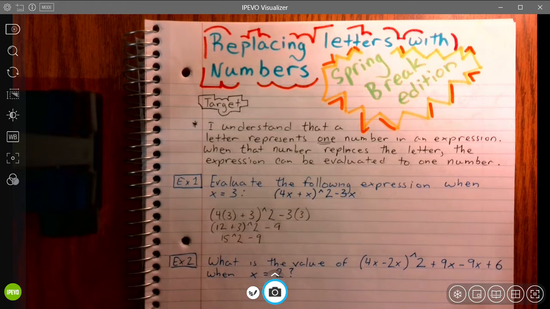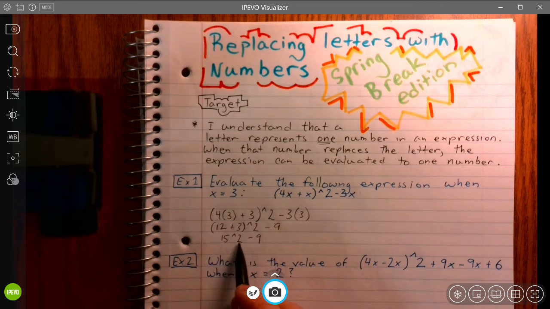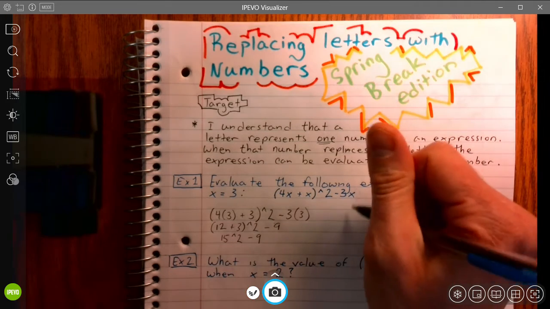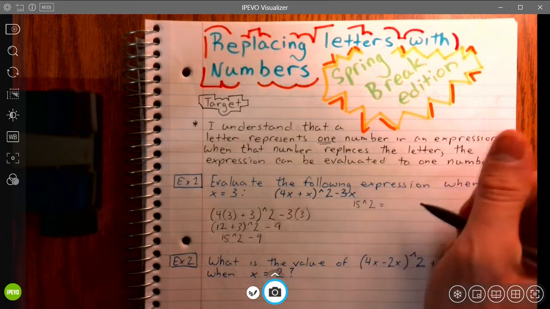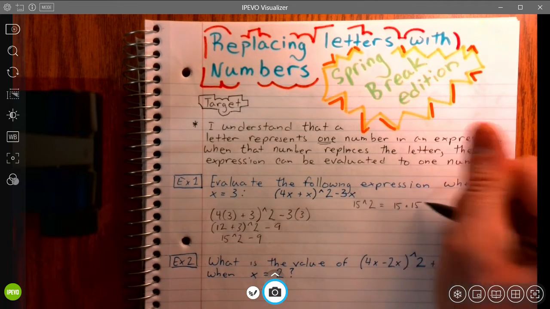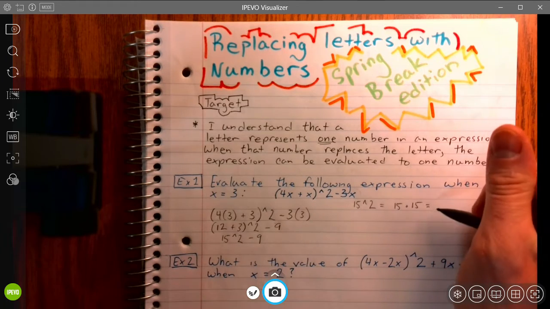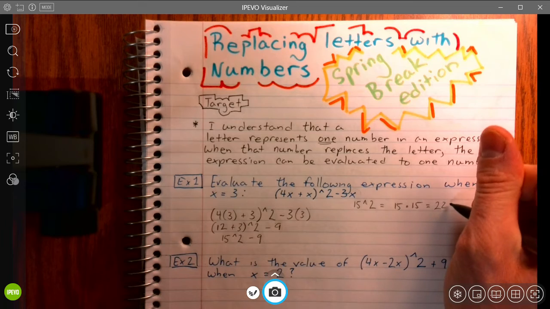Now I have to go through and use PEMDAS again. Do I have any more parentheses? No. Do I have exponents? Yes, I do. I have 15 squared. Now remember, 15 squared is equal to 15 times 15. And 15 times 15 is 225.